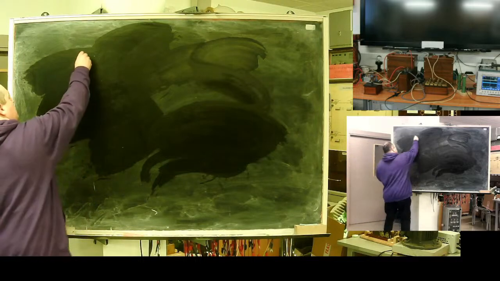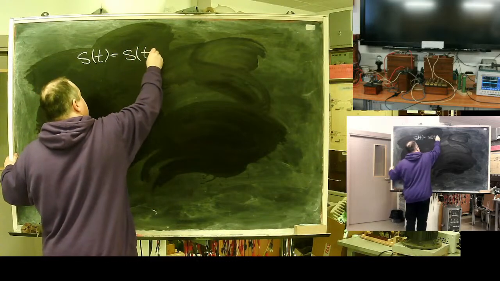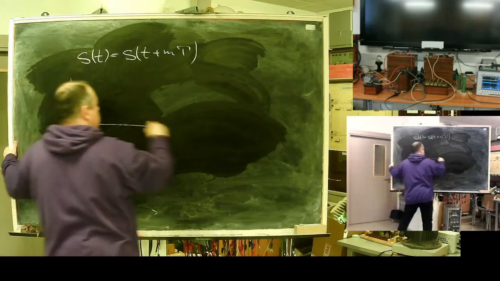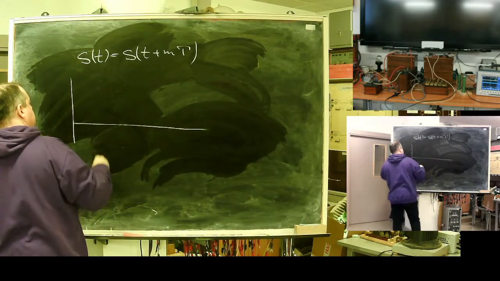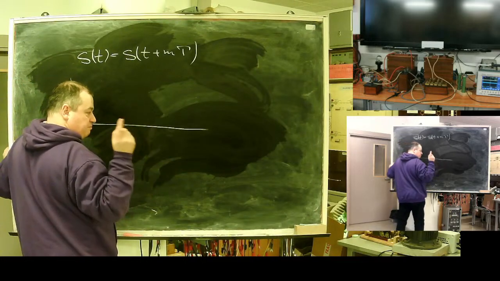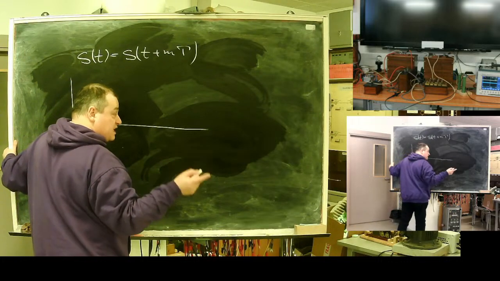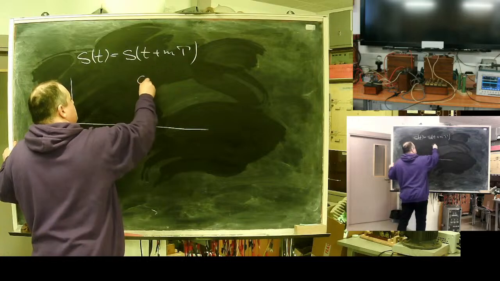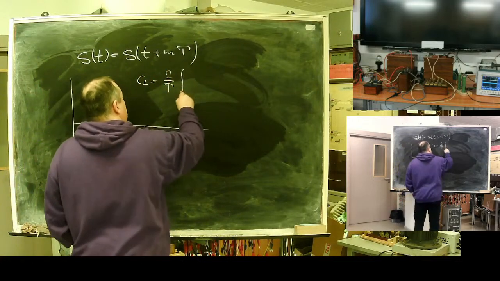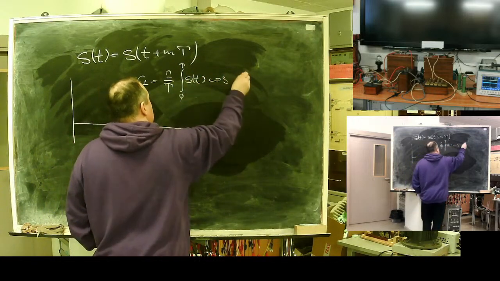Let's say I have some periodic signal. To get the first cosine factor, C1 will be the integral from 0 to T of the signal multiplied by cosine.